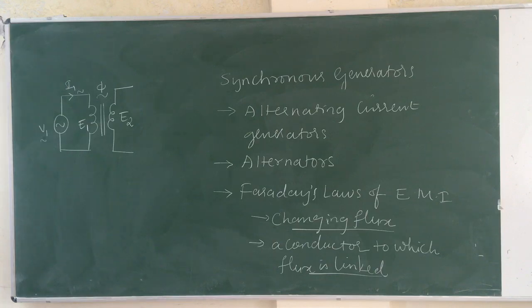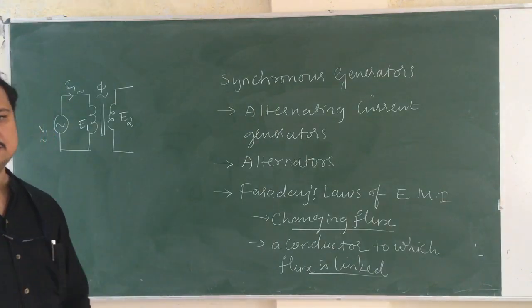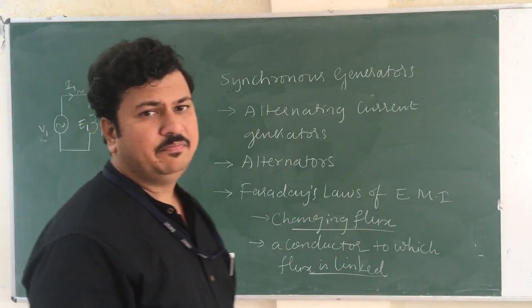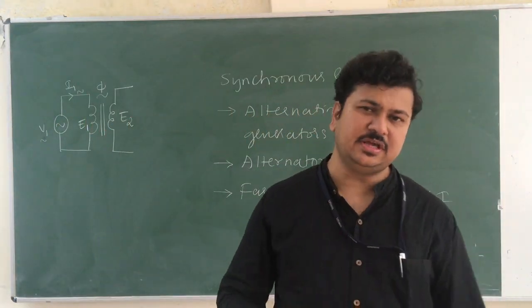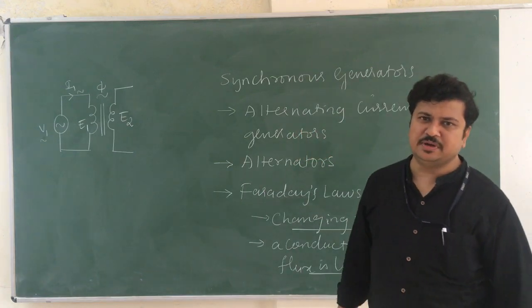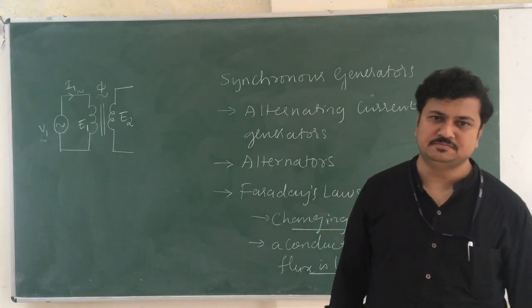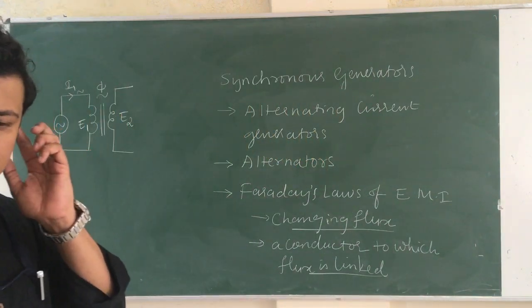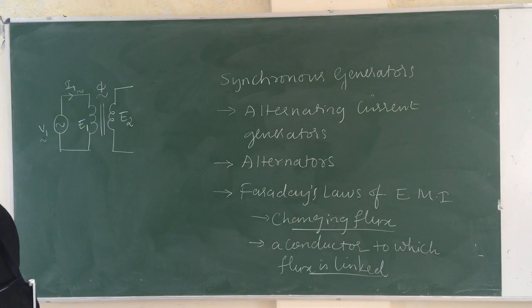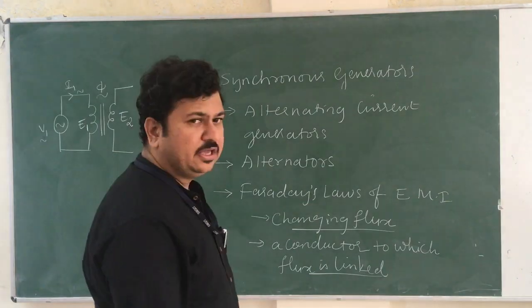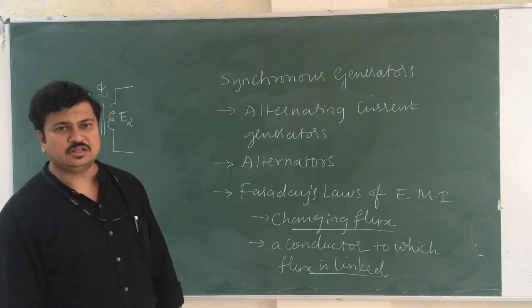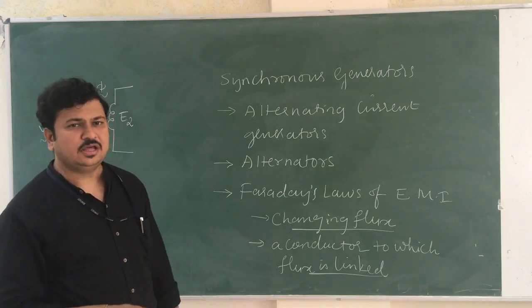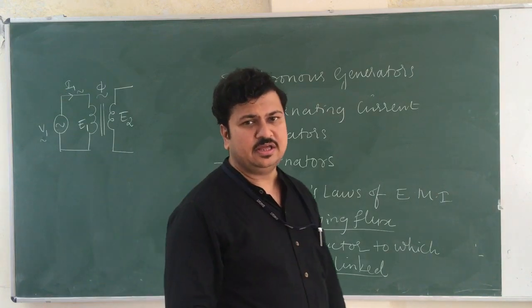For that I should have an arrangement where one part is stationary and the other part is rotating. As we discussed in single phase AC generation, if I keep the conductor or the flux rotating in a circle about a fixed axis, then I can get a continuous generated EMF.